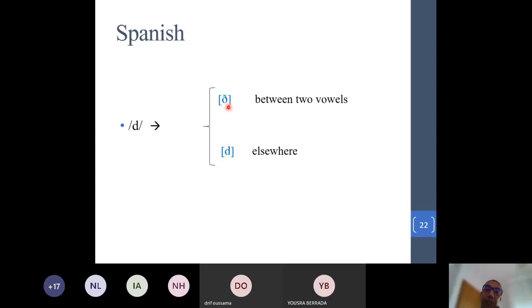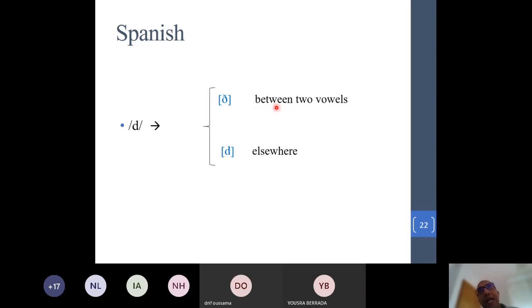That is, the stricture or the constriction is opened when this sound occurs between two vowels. It's as if the vowels are open articulations.